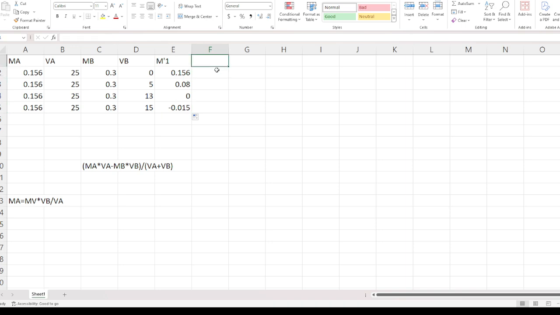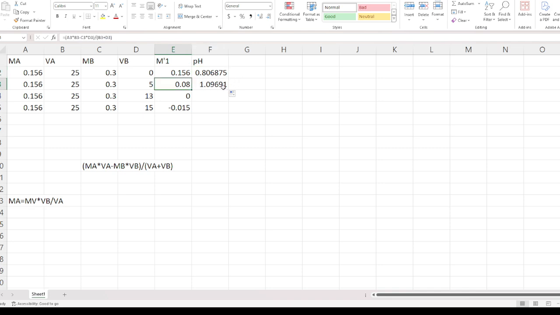So our pH is going to be just the negative log base 10 of our concentration. So this guy, solving that, pH is 0.806. Scrolling down, pH has jumped from 0.8 to 1.09.